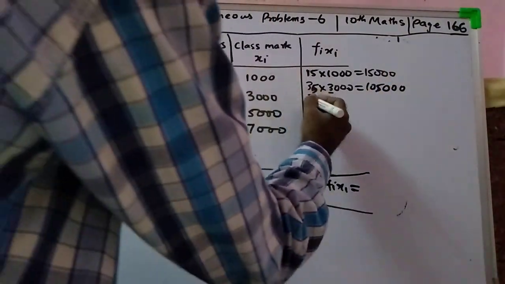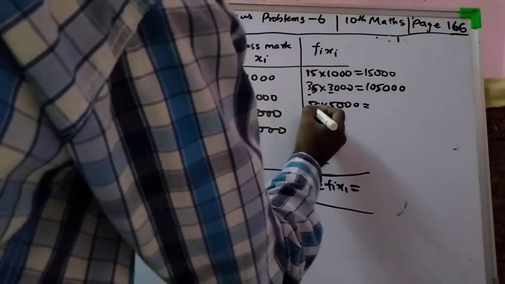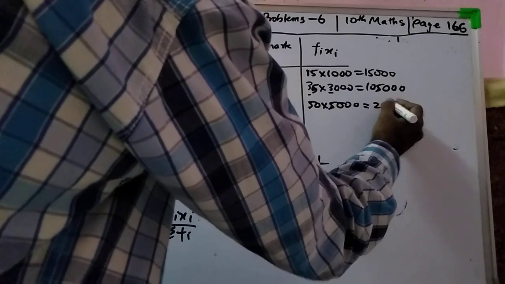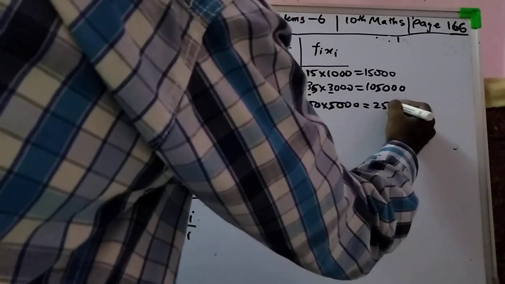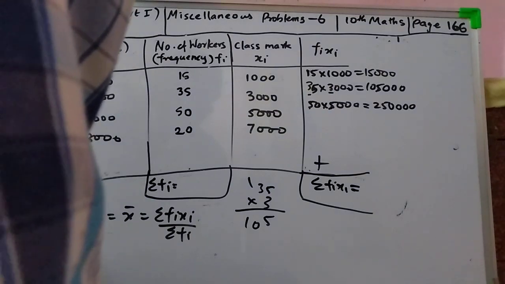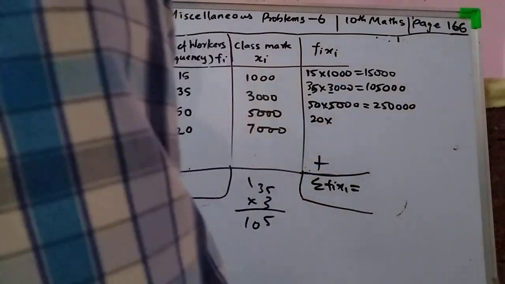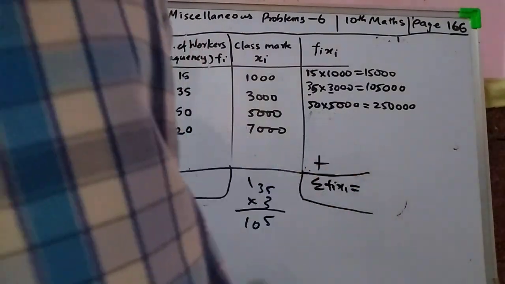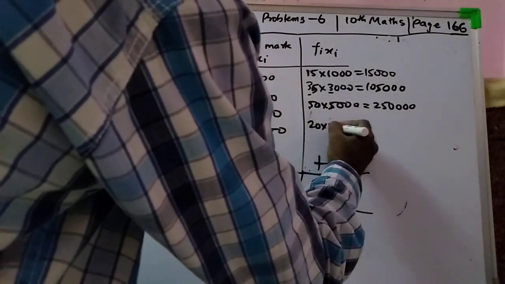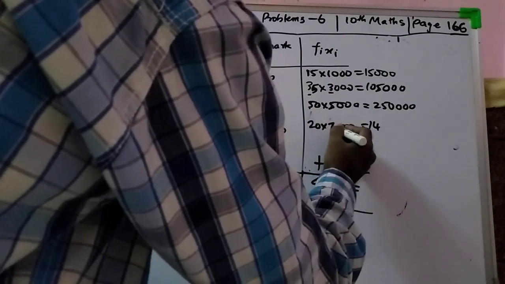Now take this, 50 into 5000. 5 into 5 is 25, and 1, 2, 3, 4 zeros. Now take this, 20 into 7000. 2 into 7 is 14, and 1, 2, 3, 4 zeros.